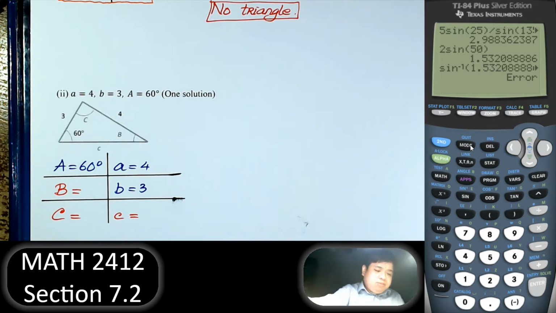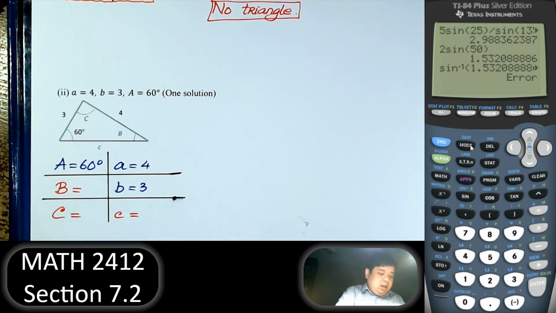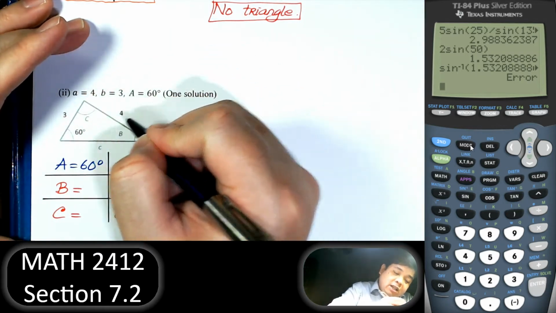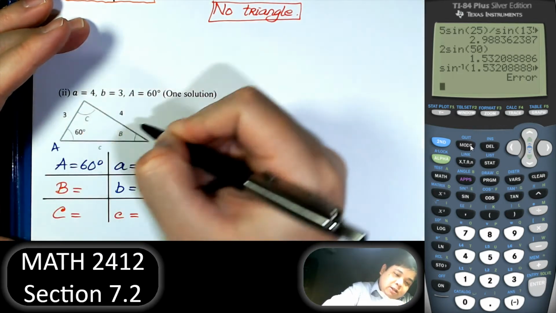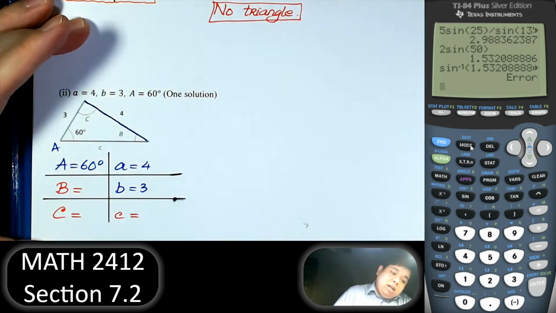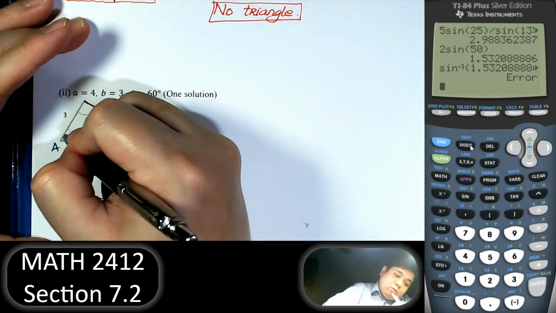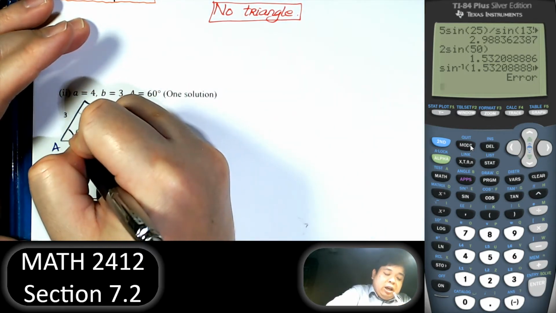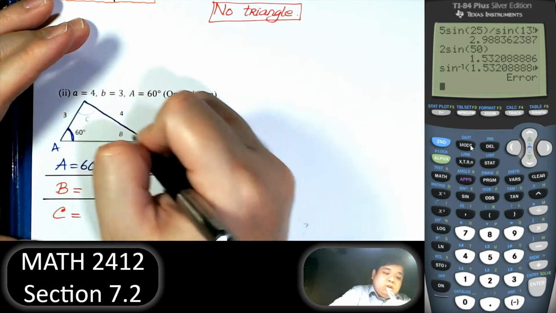So note that in this case, once again we have a pair of opposite angle and side. So this is definitely the law of sines form. But to make sure, what we have here is we know side a is 4, side b opposite to B is 3, and the angle A here is not in between the two sides.